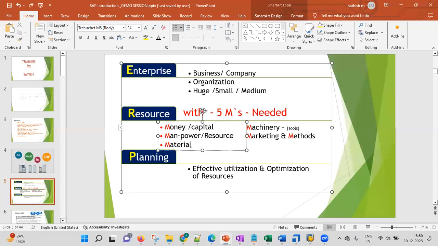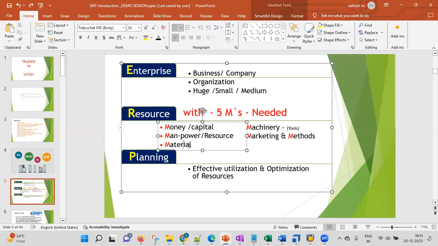If you are doing some business, let's take an example. I am manufacturing a plastic bottle. To manufacture a plastic bottle, I need raw material. In Telugu, we call it mudi sarku.